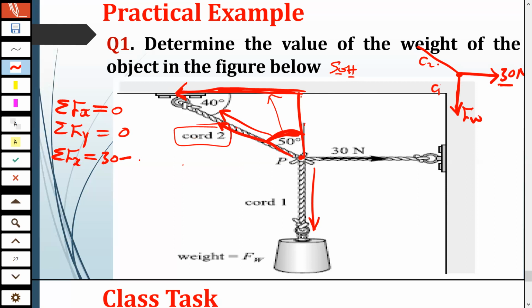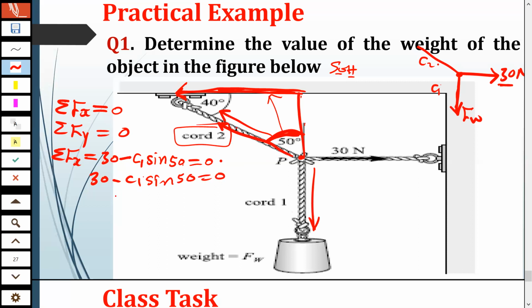So we say minus C2 sine 50. So this is the summation of forces in the X. We don't have another force. So we say this is equal to what? 0. So we have 30 minus C2 sine 50, and this is equal to 0.